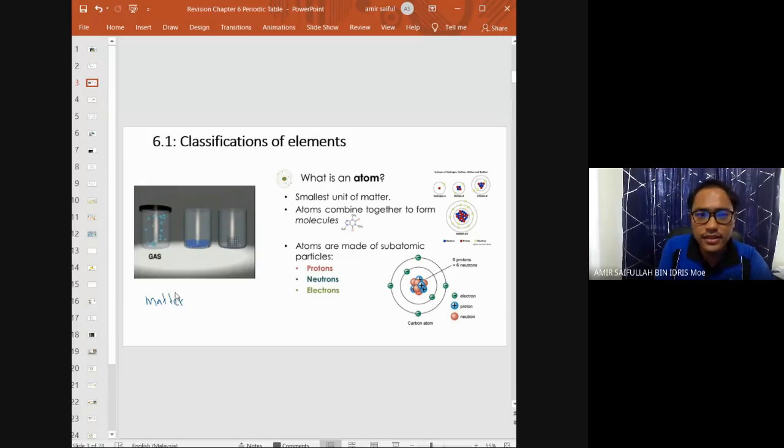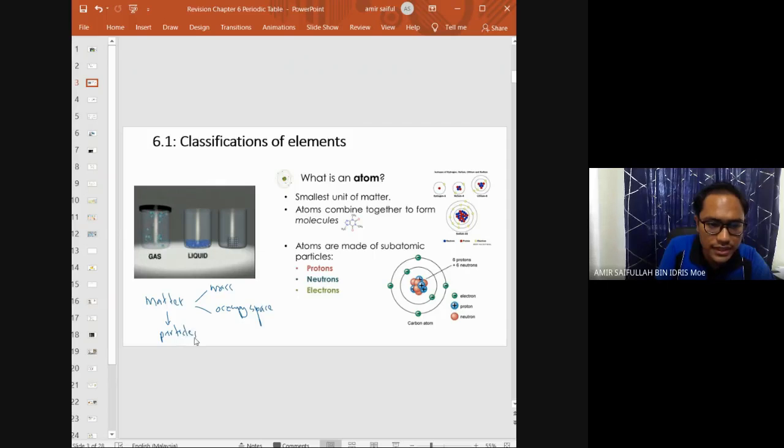Okay, so in the previous chapter, you already learned about matter. Matter is anything that has mass and can occupy space. In matter, there are small discrete particles. If the particles are moving around freely, they are in the state of gas.